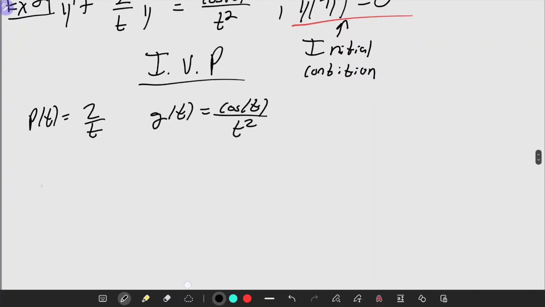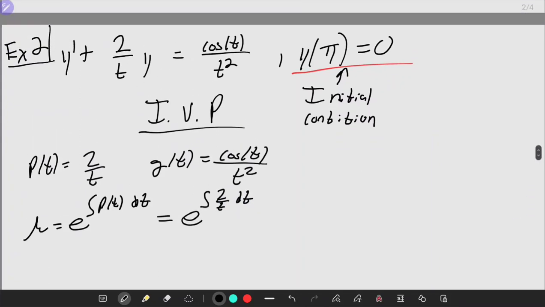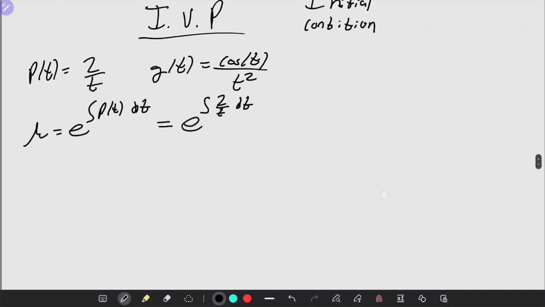So let's solve for our integrating factor. We have mu equals e to the integral P of t dt, e to the integral of 2 over t. Oh, this is almost the same thing as the last problem. That's the same P of t. So that makes our life a lot easier.